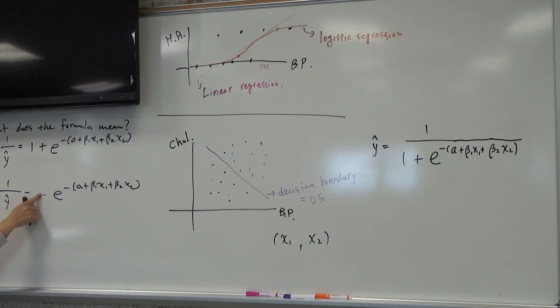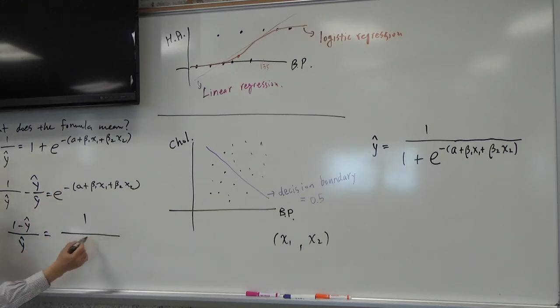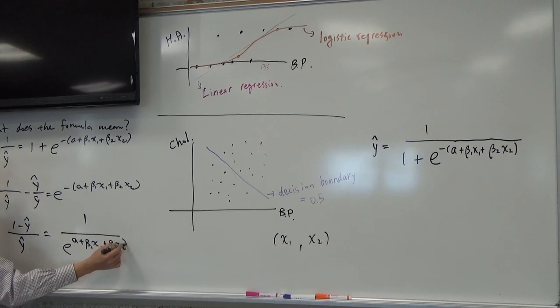Make this 1 as y hat over y hat, so that this now becomes 1 minus y hat over y hat. And then I'm going to flip this again, because a negative power is the same as 1 over, right? It's a plus beta 1 x1 plus beta 2 x2.